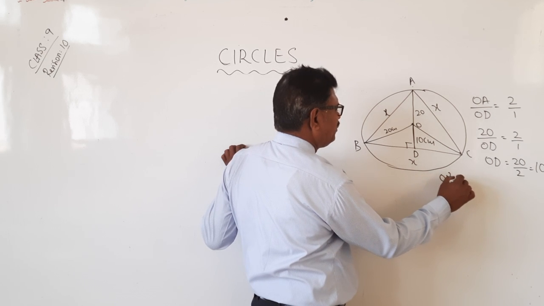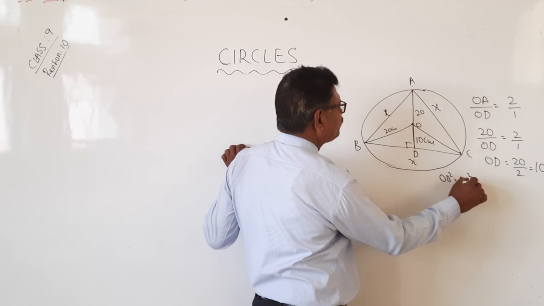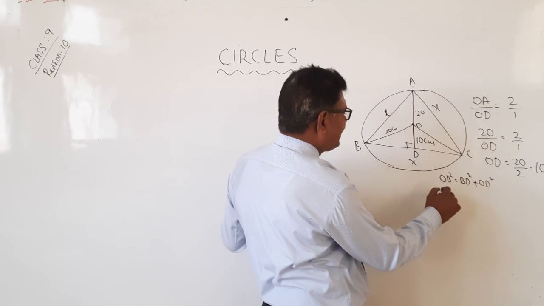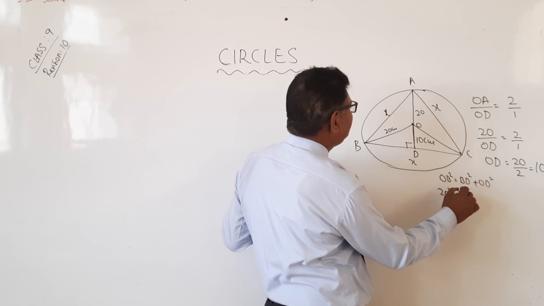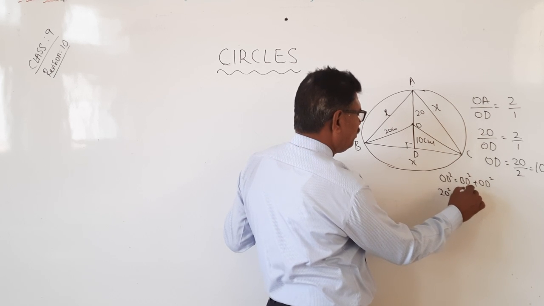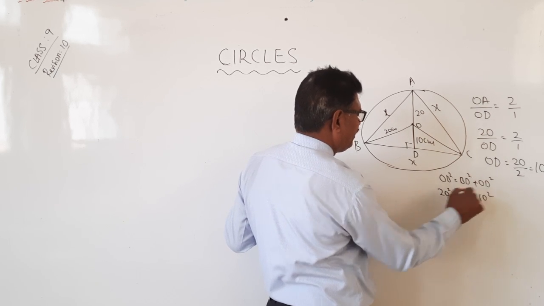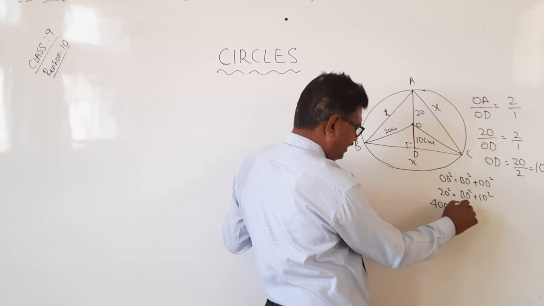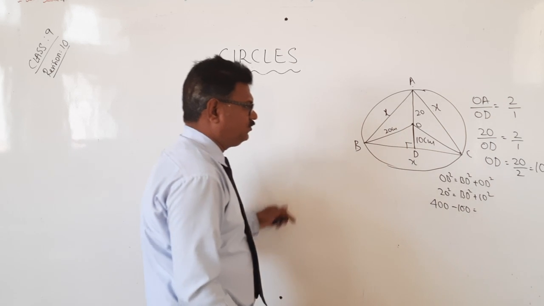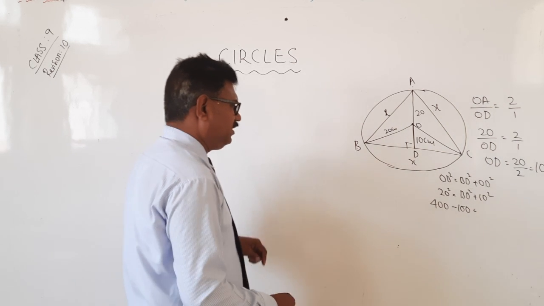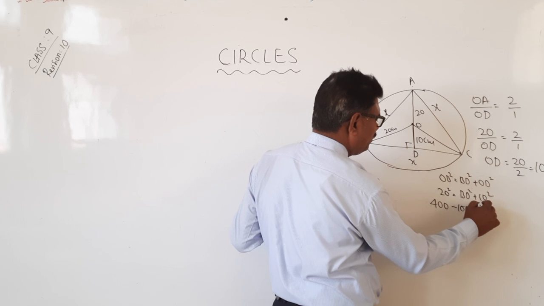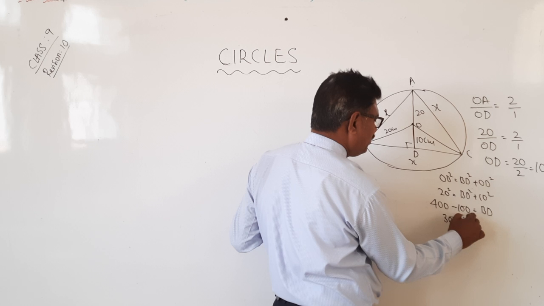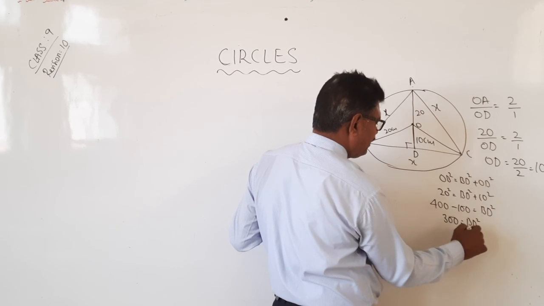OB square is equal to BD square plus OD square. So OB square, 20 square, is equal to BD square, which we don't know, plus 10 square. So 400 minus 100 is equal to BD square, or 300 is equal to BD square.